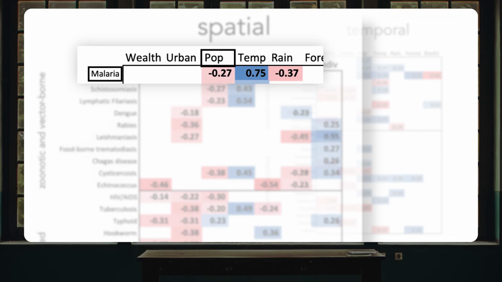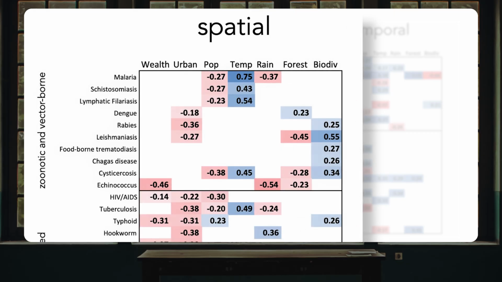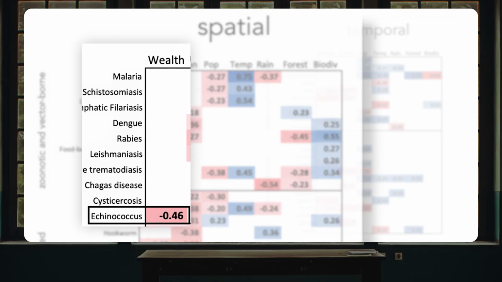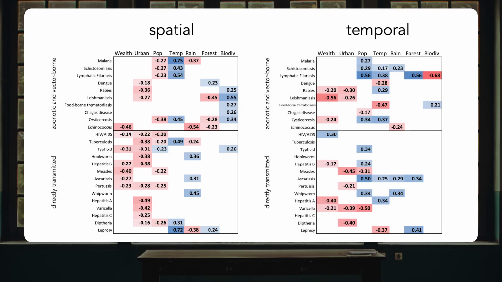If they're negatively correlated, they're colored red. If they're positively correlated, they're colored blue. So we can see, for example, that Echinococcus has a negative relationship with wealth. Wealthy countries have less Echinococcus. Makes sense.